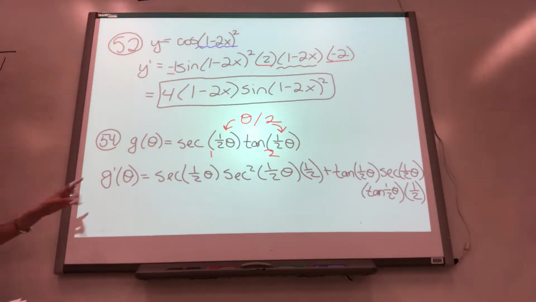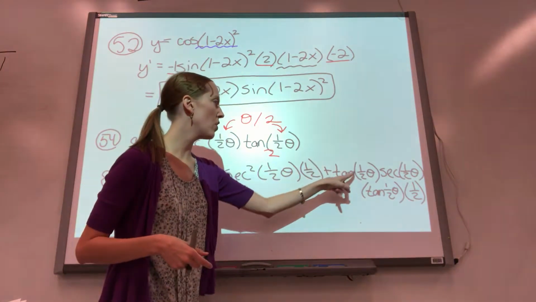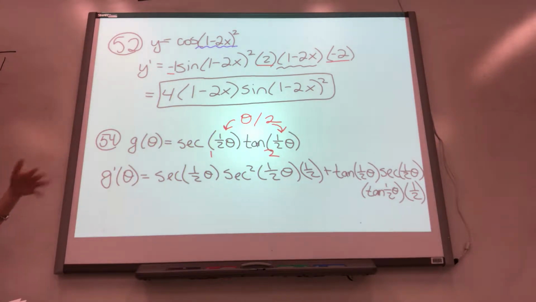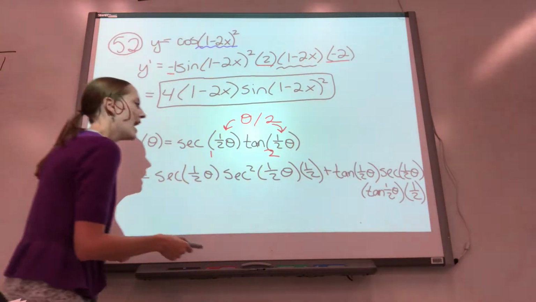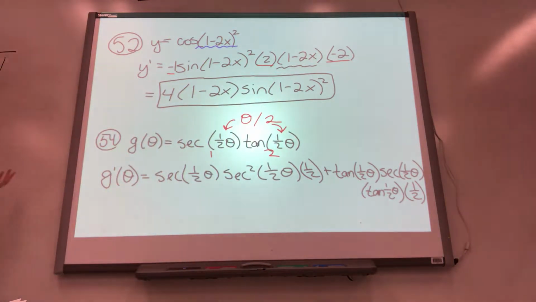Whole lot going on up here. D1 D2 plus D2 D1. Derivative of secant is secant tangent, so it shows up twice. I put parentheses around the whole thing right there. I guess it doesn't really matter. It's all getting multiplied anyway.